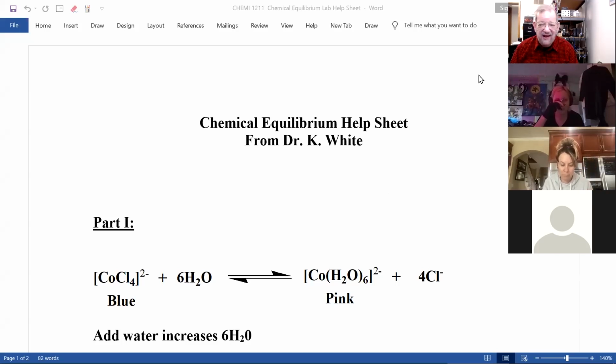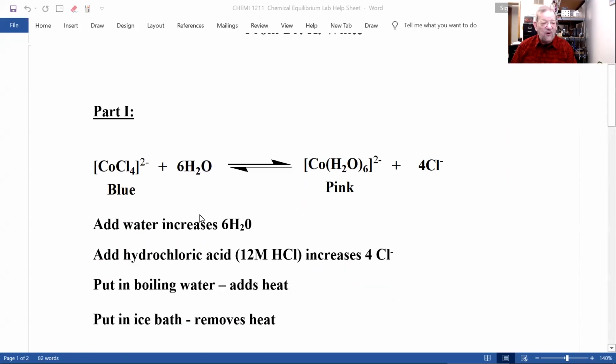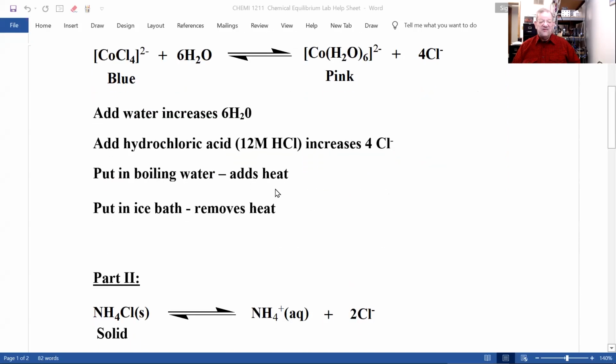In the lab today, in the assignment area, you can download this. And notice, what do I have in part 1? Add water increases the 6H2O. Adding the HCl increases this. Putting in water adds heat. Putting in ice removes heat. That's my little gift to you.